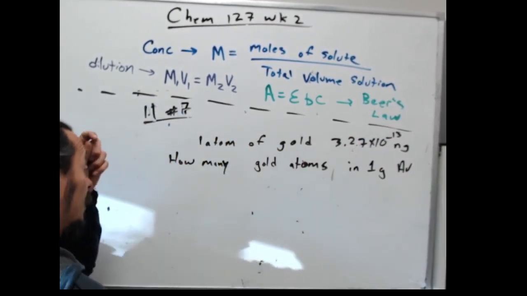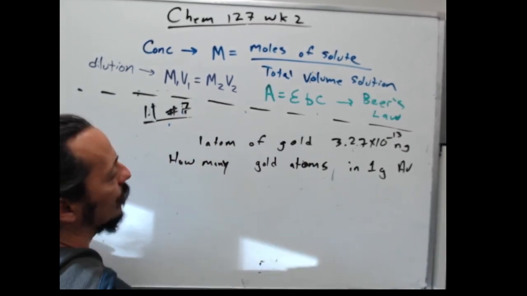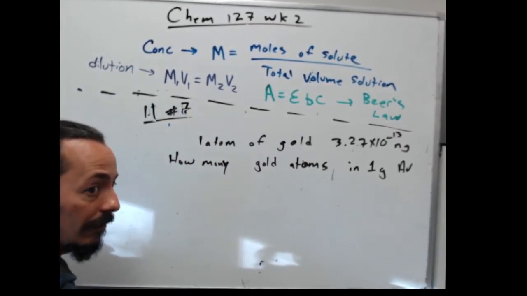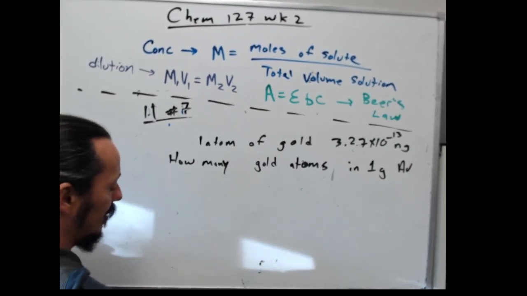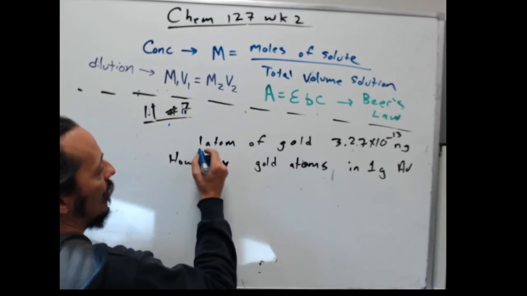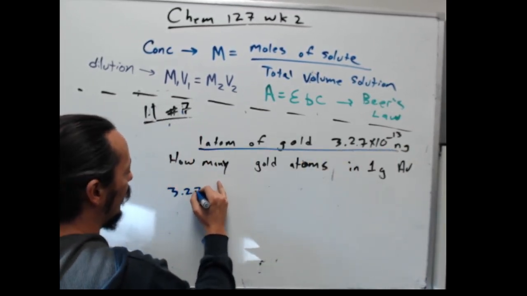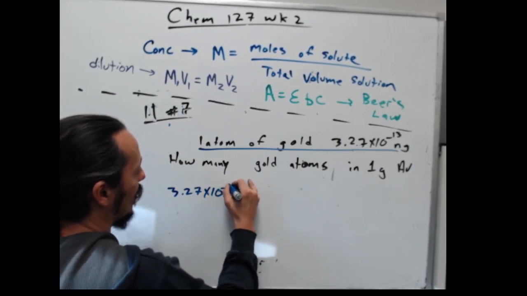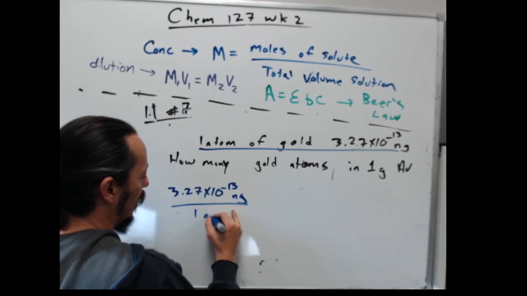So here's what we do. How do we solve this? So I'm going to rewrite this sentence as 3.27 times 10 to the minus 13 nanograms per 1 atom.